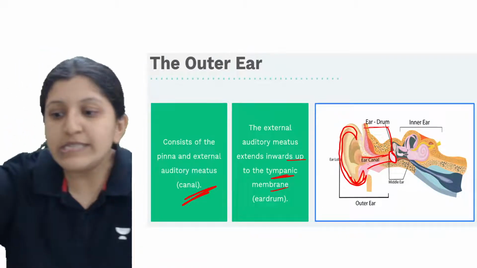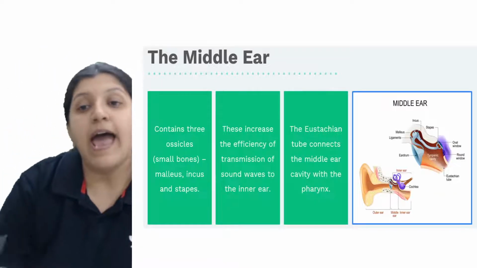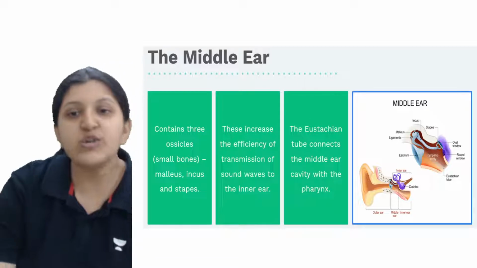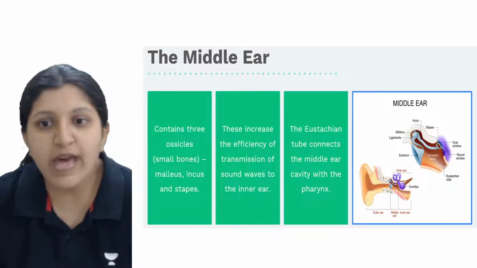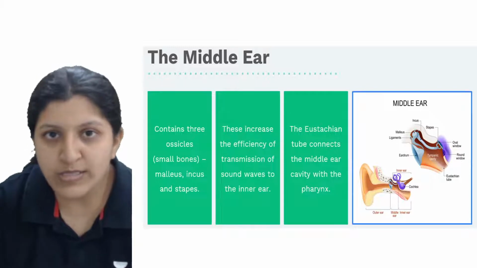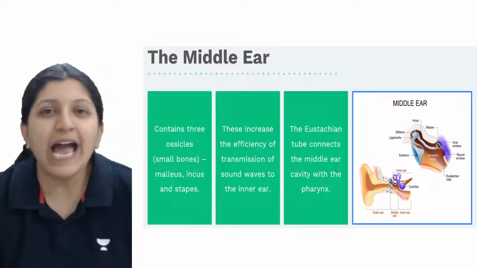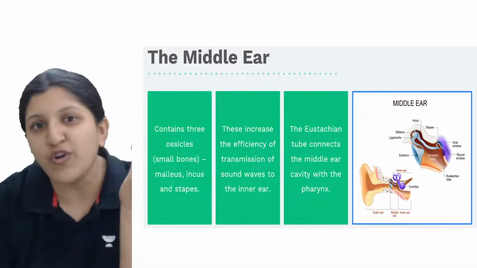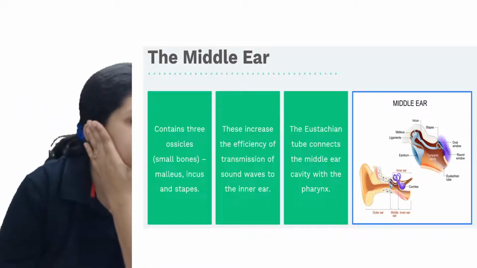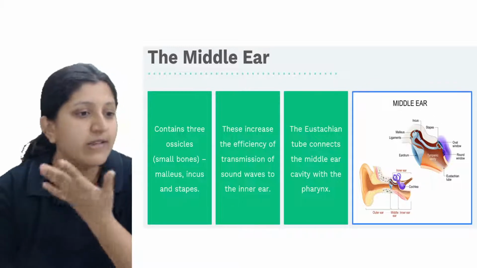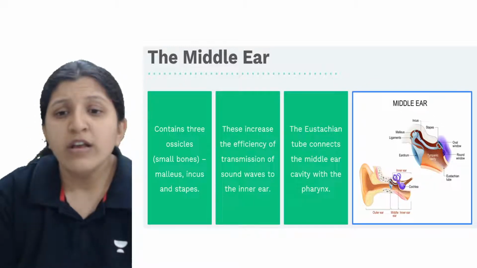Okay. So this is the outer ear part, and in the middle ear there are three ossicles that you can find. Ossicles are nothing but tiny bones which you can find in each of these ears. There are three tiny bones in each ear.